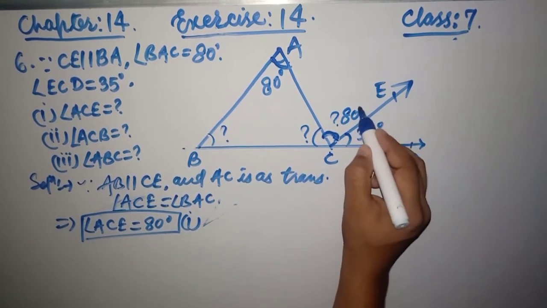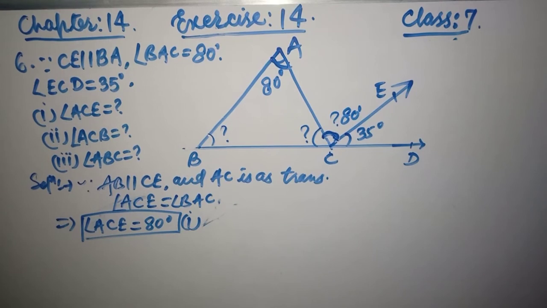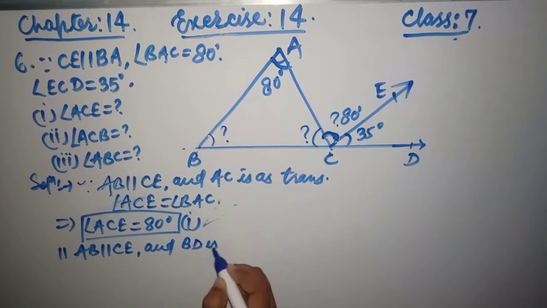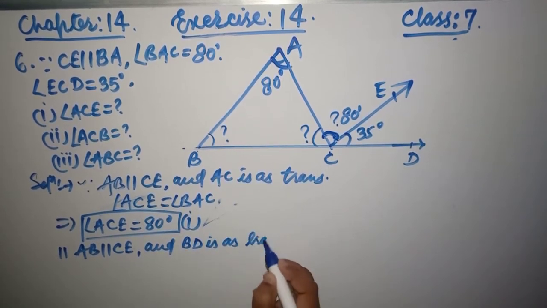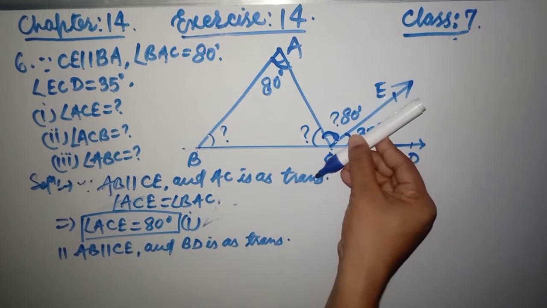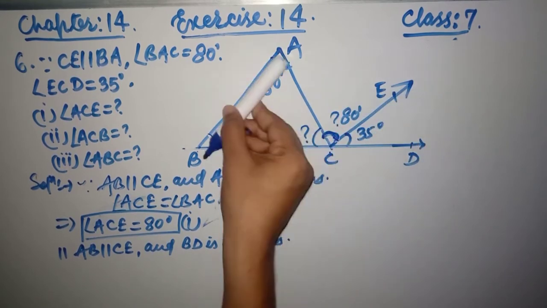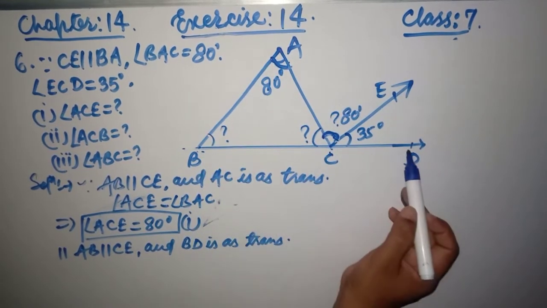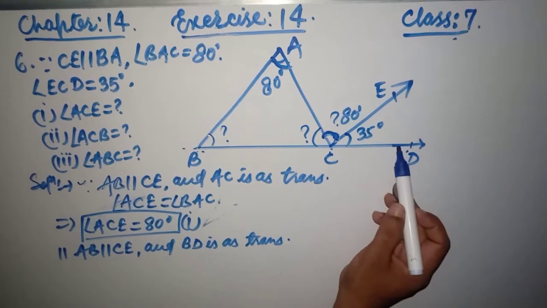Okay, now see once again friends, since AB is parallel to C, look at BD, it is a transversal. Look at this line AB and the line C are parallel, and the line BD is the transversal.